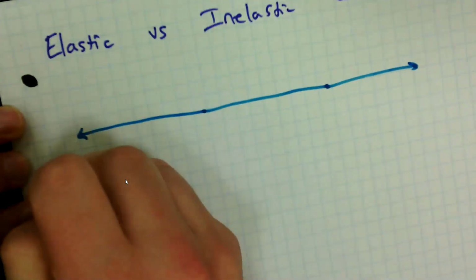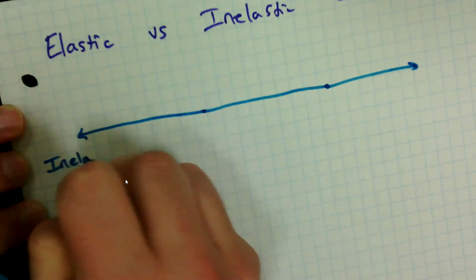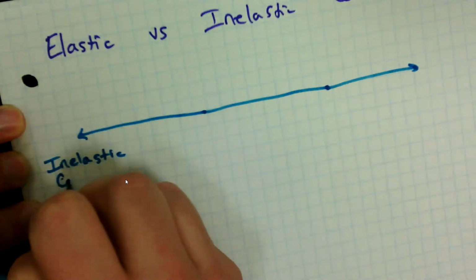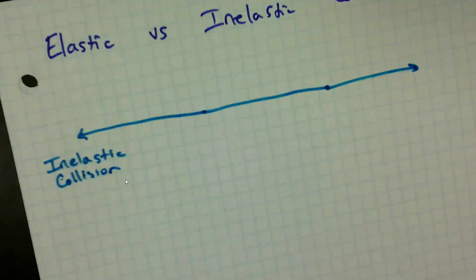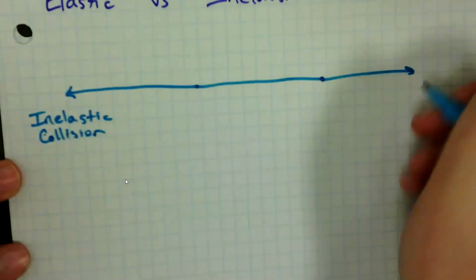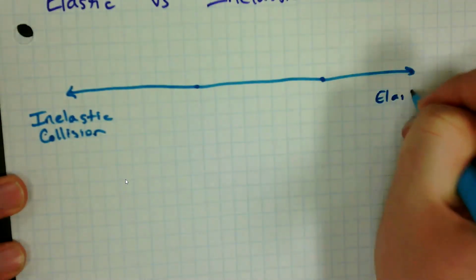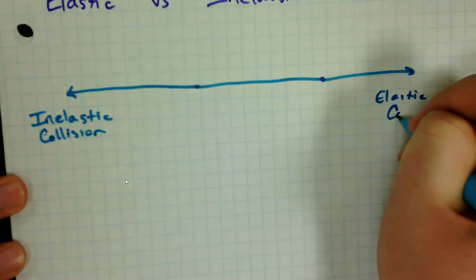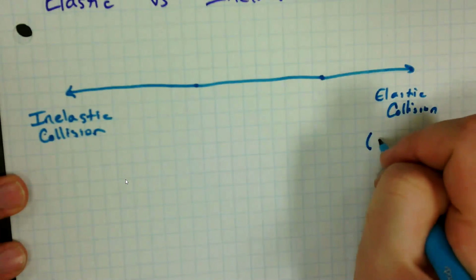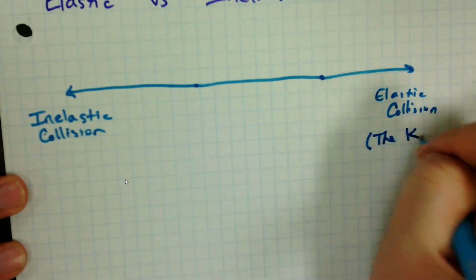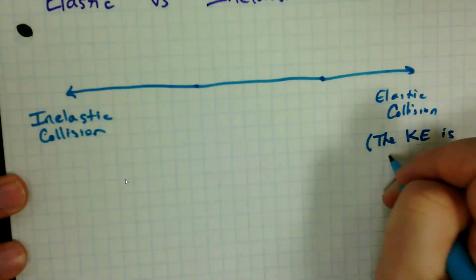An inelastic collision is when objects stick together. Let me define elastic collision first, it's better. An elastic collision is a collision in which the kinetic energy is conserved.